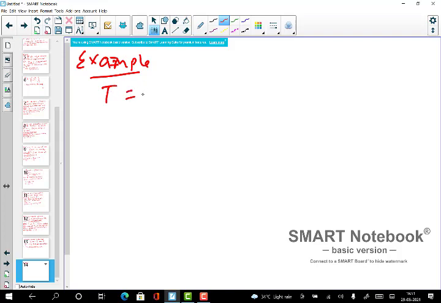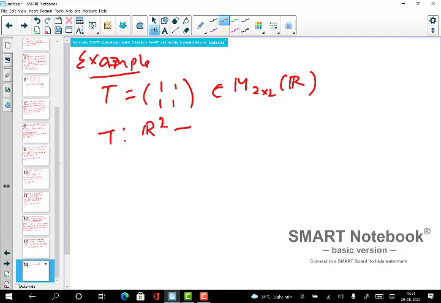Suppose we have a matrix T, whose matrix form is 1 1, 1 1, over R. So T is a linear operator from R2 to R2, right? I'm assuming that this is with respect to the standard basis, (1, 0), (0, 1).